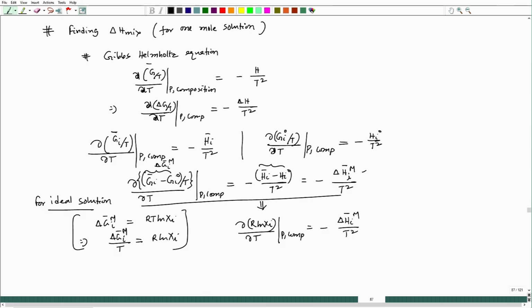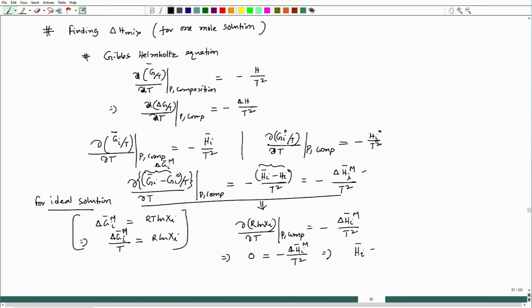Now, you see R is a constant, X I is a constant because we are keeping composition constant, and of course, nothing is dependent on temperature. So, this left hand side would be 0, equal to minus delta H I M bar by T square. This gives me an expression.